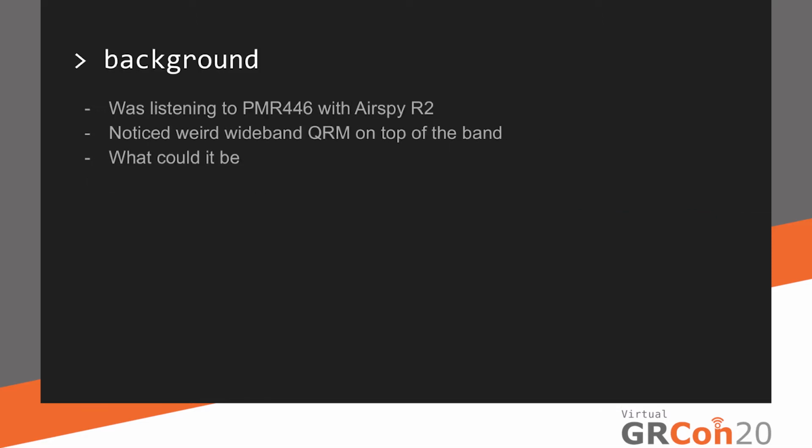Some background for this talk. About a year ago, I was listening to PMR 446 a lot, which is a European UHF band for walkie-talkies. I used my AirSpy R2, which has been my favorite receiver for quite some time. And in one place, I kept noticing this weird wideband interference signal on top of the band. It was very wide and it was very obnoxious.